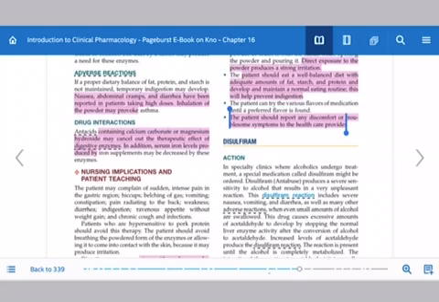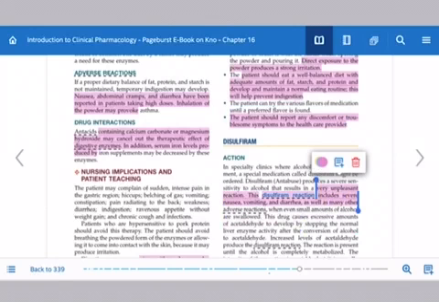And then disulfiram. Disulfiram, we already know, is a medication given to patients who are alcoholics to help them overcome their alcoholism. It causes them to have a lot of GI disturbances, including severe nausea, vomiting, diarrhea.